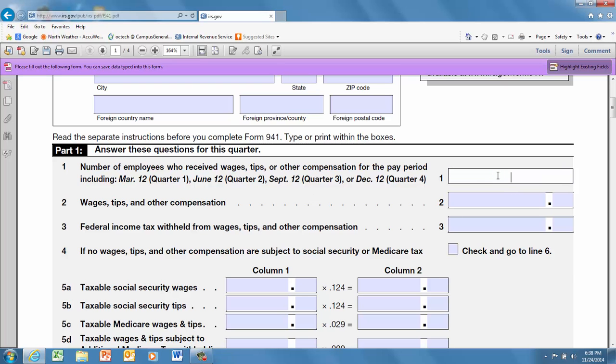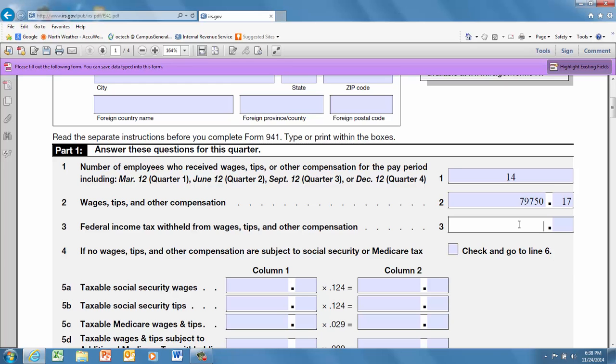Now, here we had 14 employees. Okay? Wages, tips, and other compensation. Well, we were told that the wages paid for the third quarter was $79,750 and 17 cents.